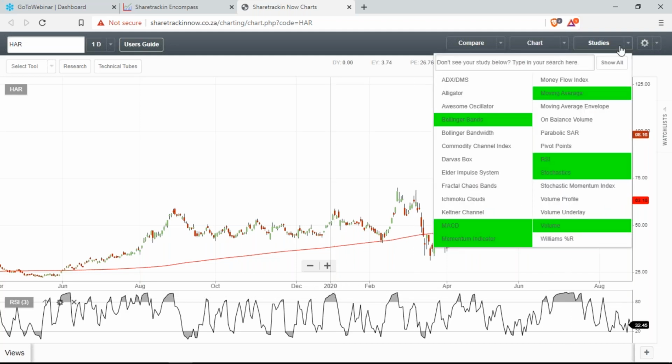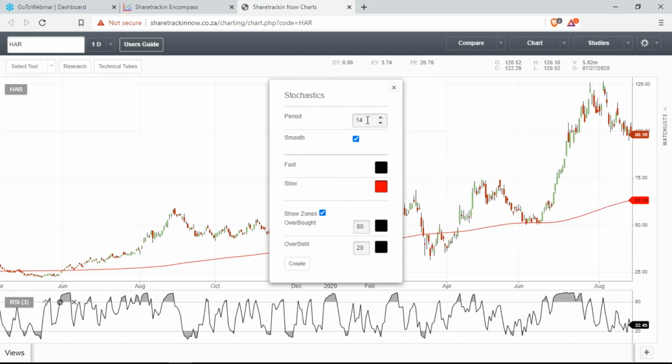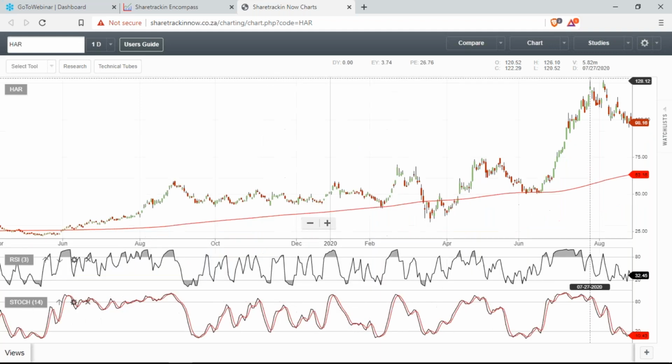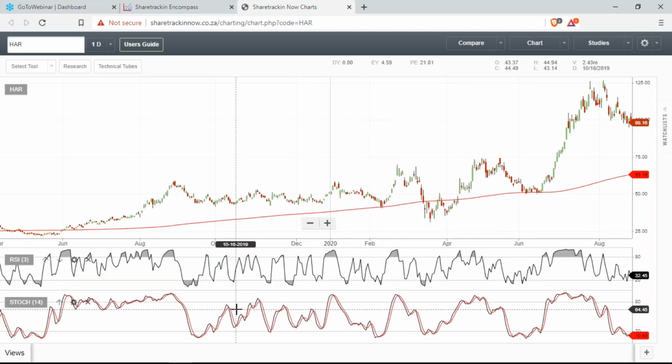So now that I explained the RSI, the next thing that I will do is insert a stochastic. I would leave my period on 14 and I would say create. So at the end, when I inserted everything, my graphs should look like this.